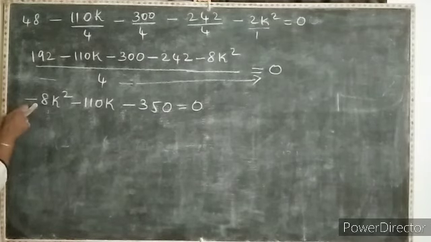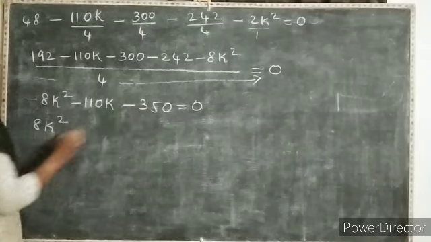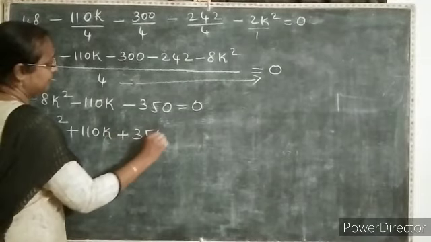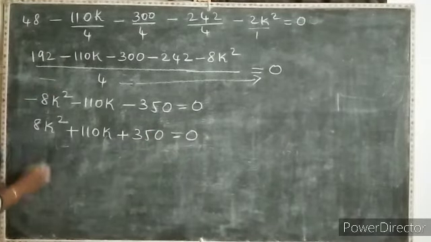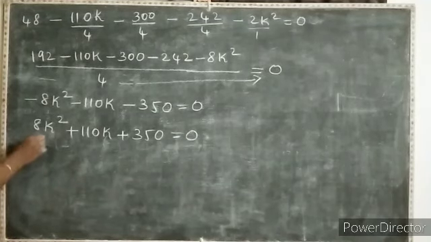Okay. Now in the same way we don't prefer the minus sign in front. So this becomes 8K squared plus 110K plus 350 equal to 0, multiplied throughout by minus 1. So now it's a common multiple. Here we have in terms of what? Shall we have it as 2 multiple?